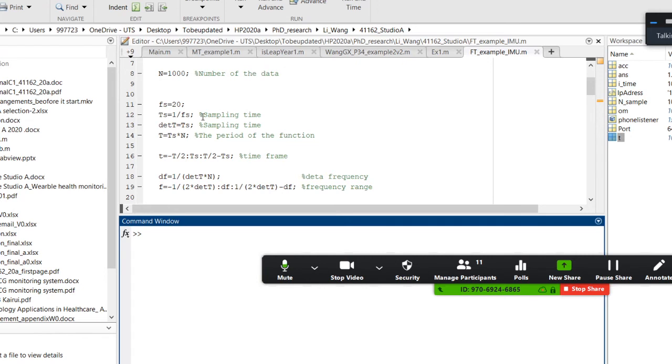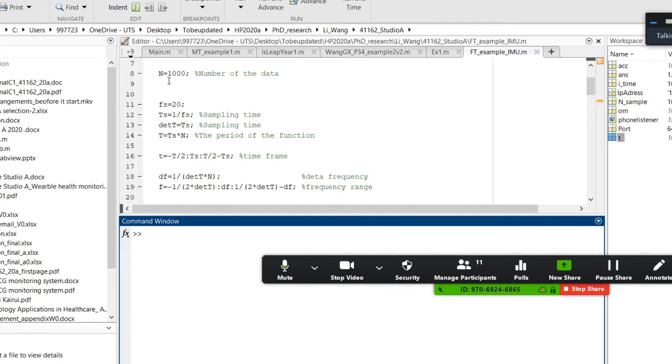It's just the inverse of the sampling rate, so 1 divided by 20 is 0.05. You also have delta t. Sometimes I use delta t, sometimes I use ts. They are the same, just the sampling time, the increment of time.